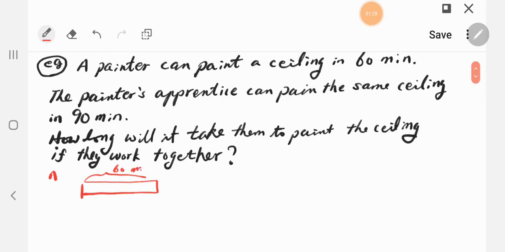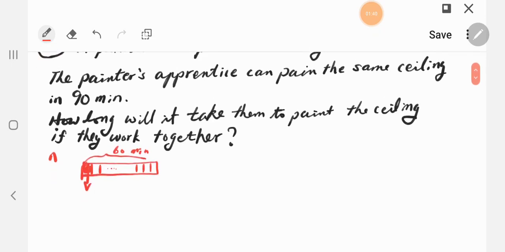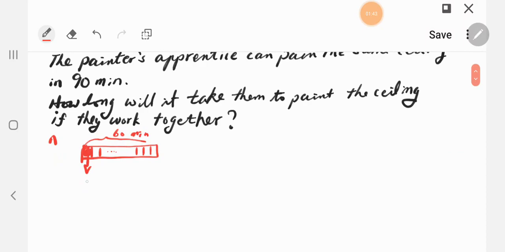Let's divide this into 60 pieces. Then each piece is the work rate. So this person can complete 1/60 of the job per minute. That's the work rate.